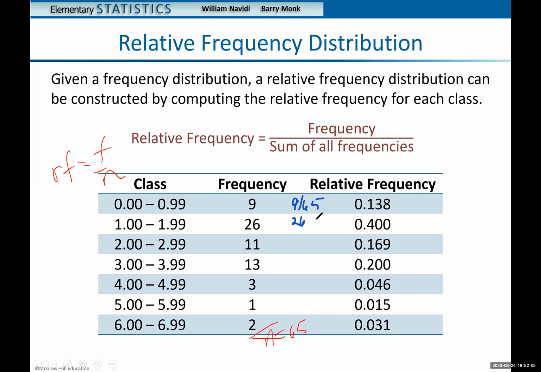So 26 out of 65, 11 out of 65. Okay, so that's how you get the relative frequency.